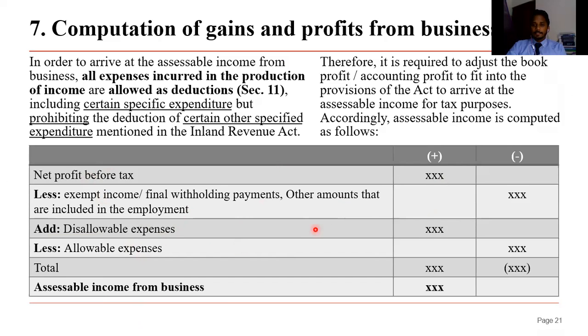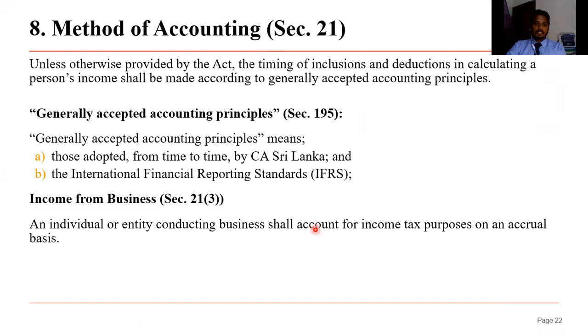Under this we discussed the method of accounting. Normally it is accepted accounting principle, the accounting standards published by CA Sri Lanka and also IFRS. Then the accrual basis is required to be adopted for the company.